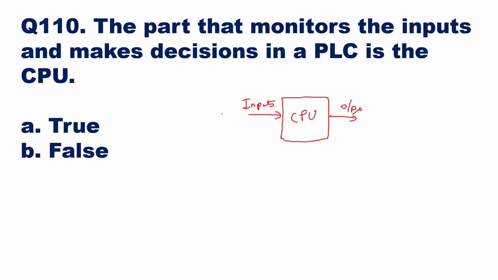Inputs can come from sensors, and outputs can go to your actuators, like motors, solenoids, all those can be your outputs. So the part that monitors the inputs and makes decisions in a PLC is the CPU. So this is a true statement.